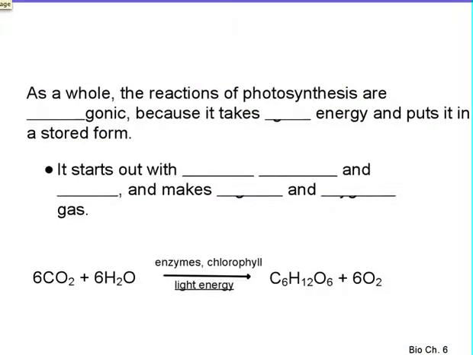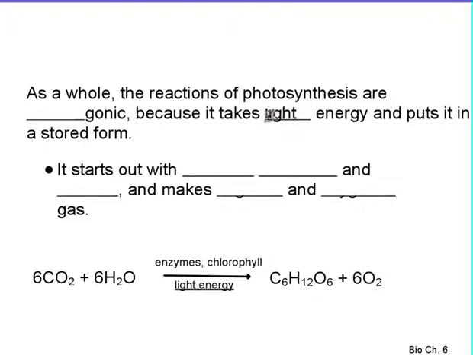All right, so as a whole, reactions of photosynthesis are endergonic. Remember us talking about what were the two types of those things, Jeff? Endergonic and I can't remember. Yep. Endergonic and exergonic. Okay? Well, photosynthesis takes what type of energy?